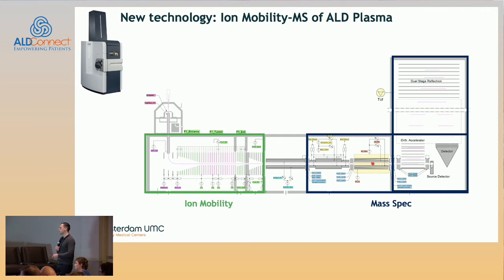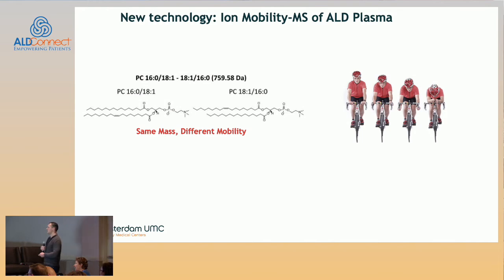So this is a map of our current machine, and this is your normal mass spectrometer. And by placing an ion mobility unit in front of it, we can perform analysis in sequence. And ion mobility is complementary to mass spectrometry.